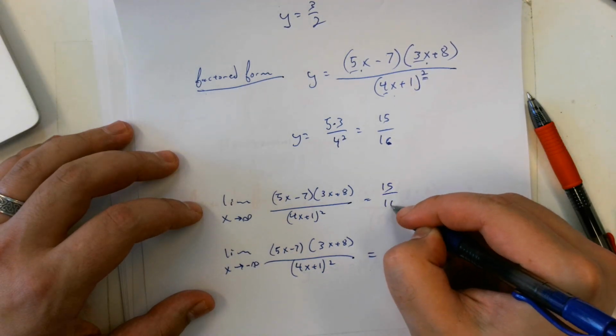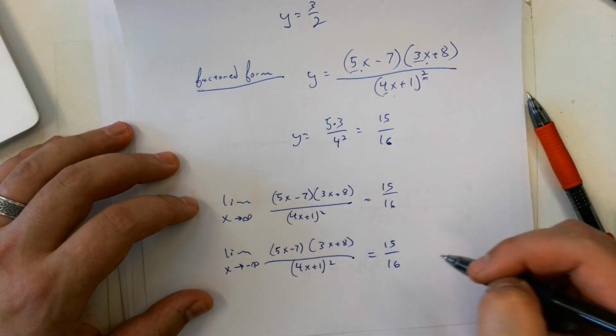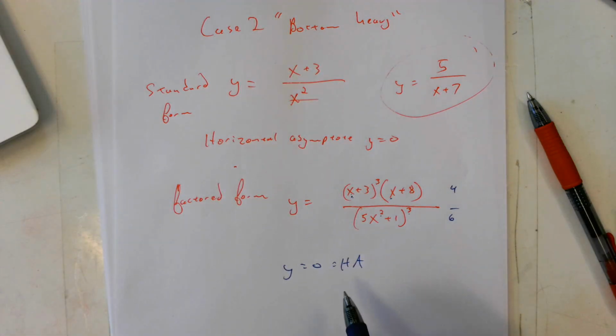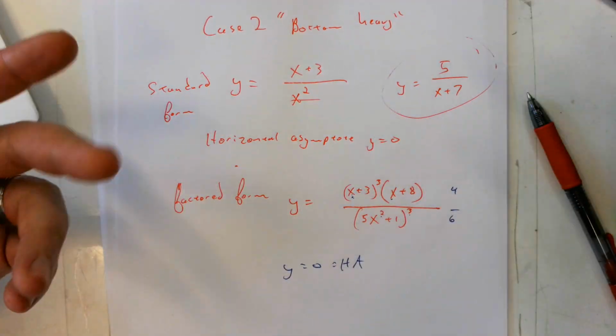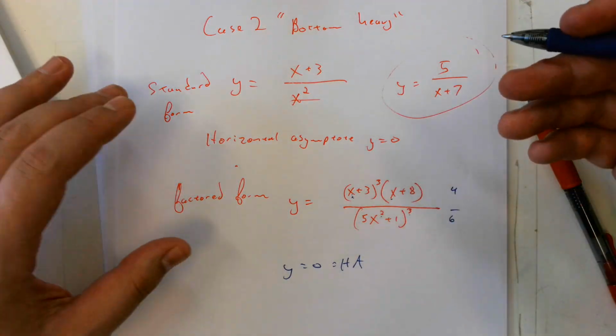These are both 15 over 16, 15 over 16. Same thing here. My limits on both sides would be 0. 0. My limits on both sides.